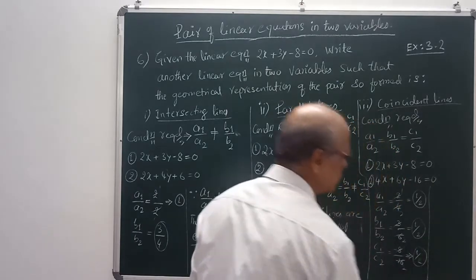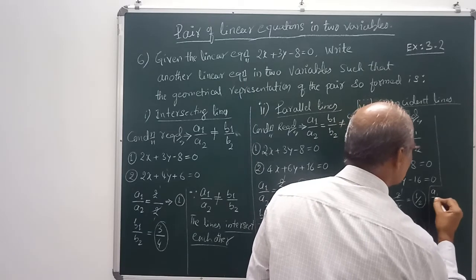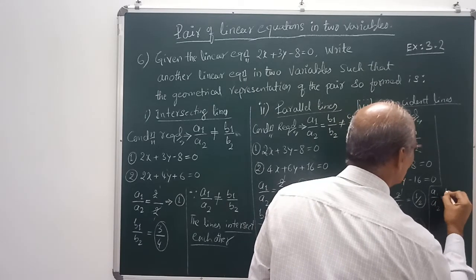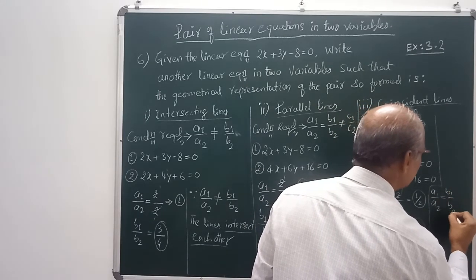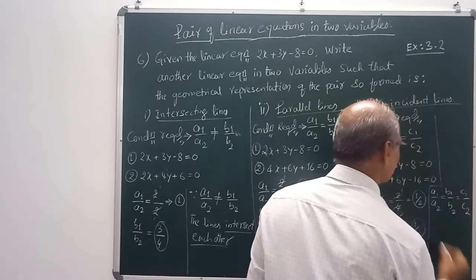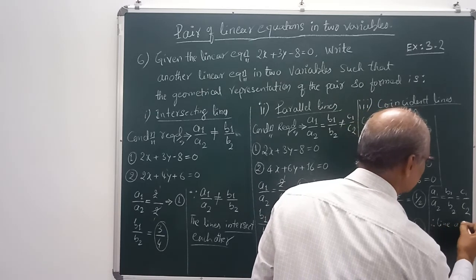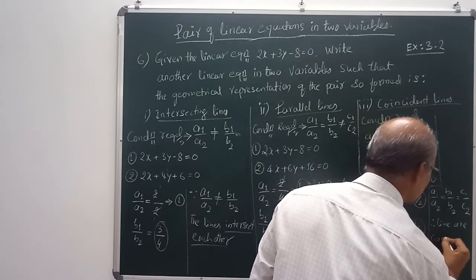That means what is your condition? The condition here is A1 by A2 is equal to B1 by B2 is equal to C1 by C2. Therefore, the lines are coincident.